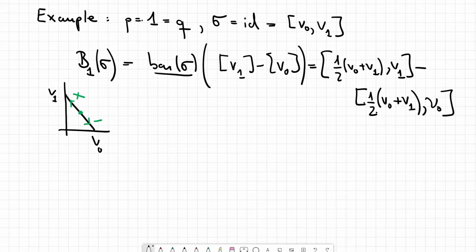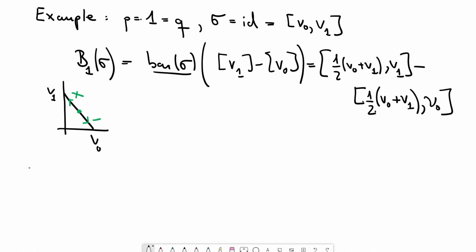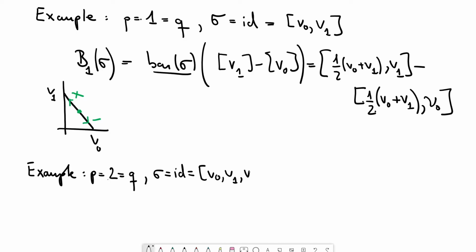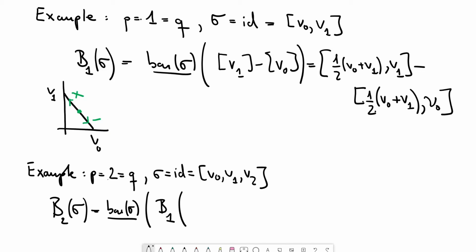Let's look at the case p equals 2 as well. Slightly more interesting. Again, I want to look at the identity simplex, which is now [V0, V1, V2]. So what is B_2 of sigma? It's the barycenter of sigma and the associated map applied to B_1 of the boundary. What's the boundary?